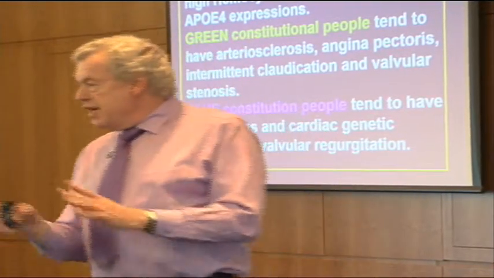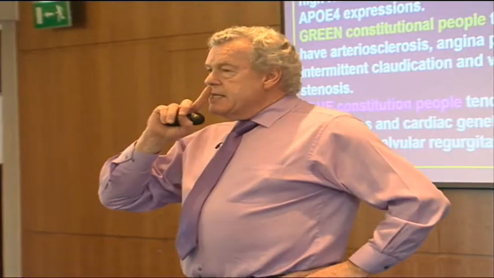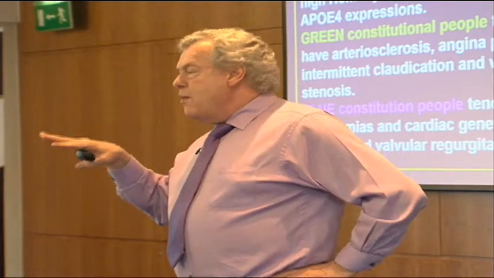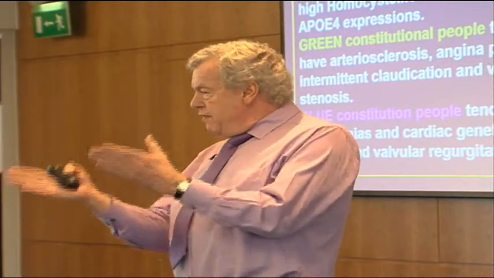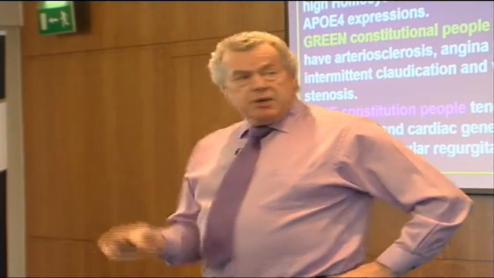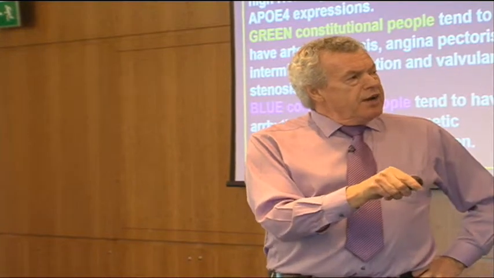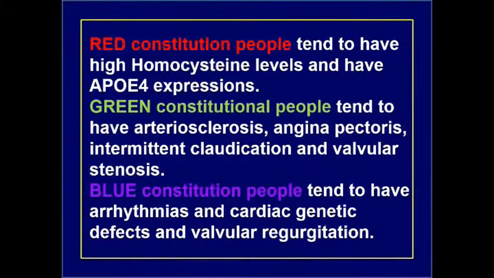Okay, so right at the beginning this morning, we talked about the finding that we've had over the last 4 months, and that is that people have fallen into categories as far as their nutritional requirement for their body types. So we said this morning that red people tend to have high homocysteine and ApoE4 expressions and have difficulty converting pyridoxine into pyridoxal 5-phosphate.